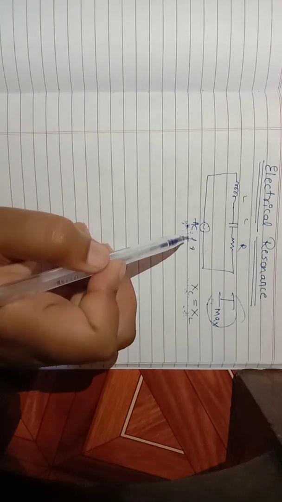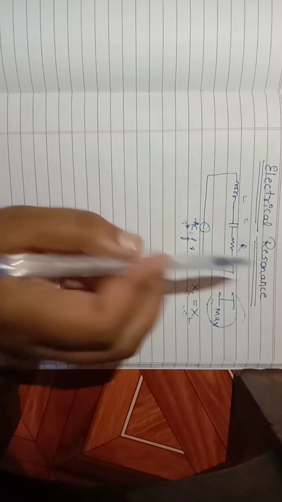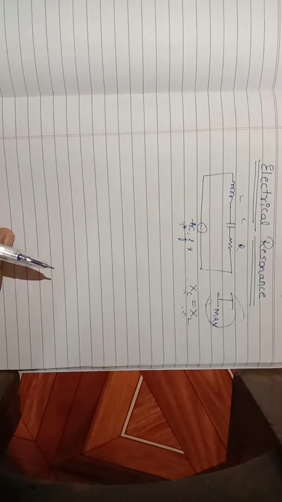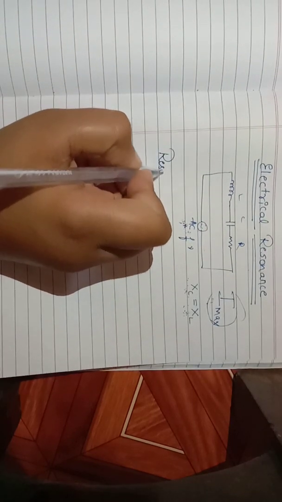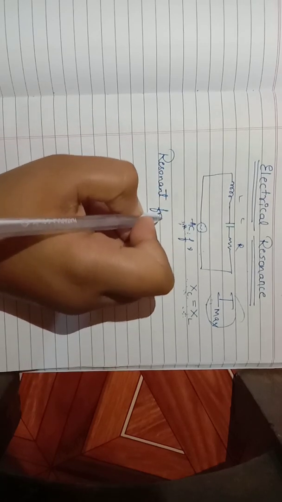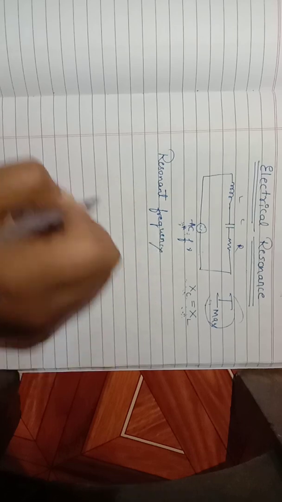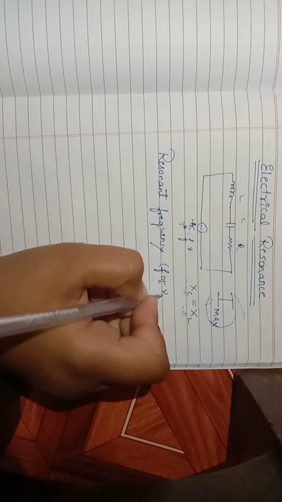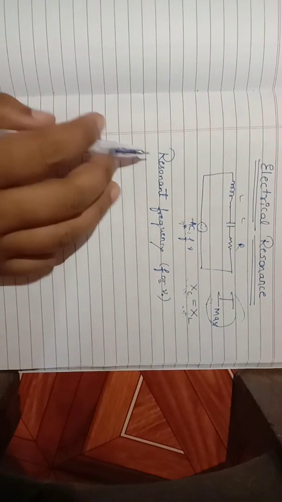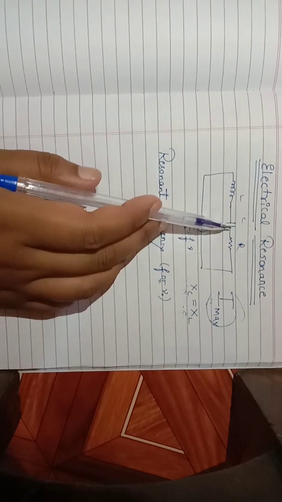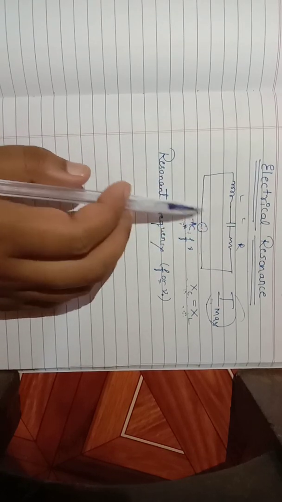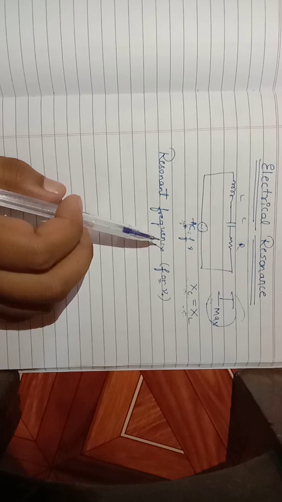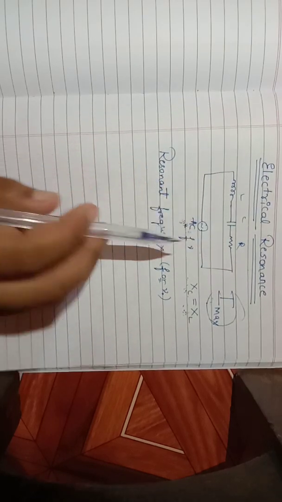The frequency at which electrical resonance occurs in the series LCR circuit is called the resonant frequency. I will denote it by f or mu naught. Understood? So at this frequency the current in this circuit becomes maximum.